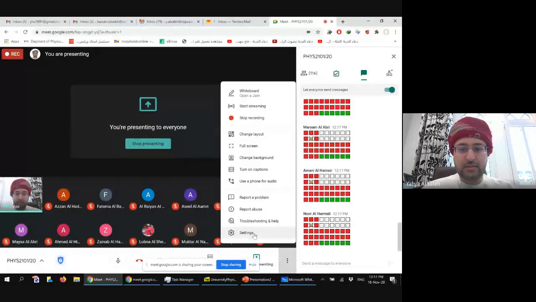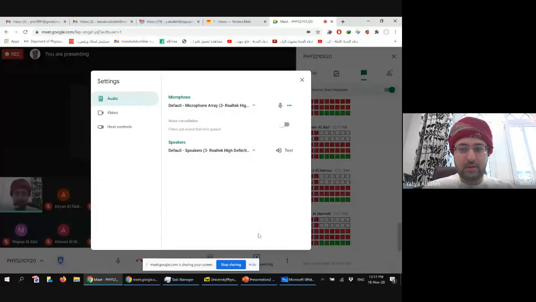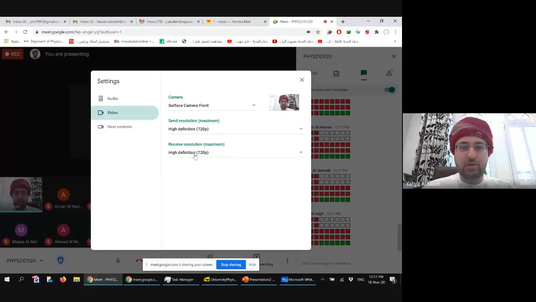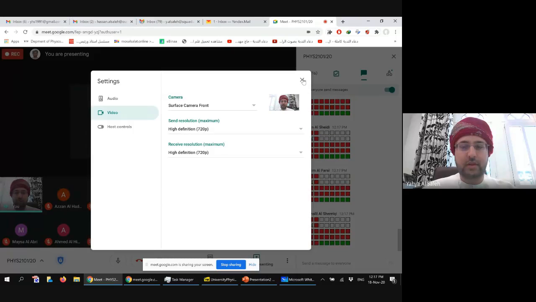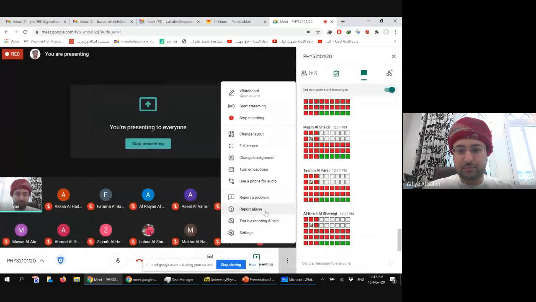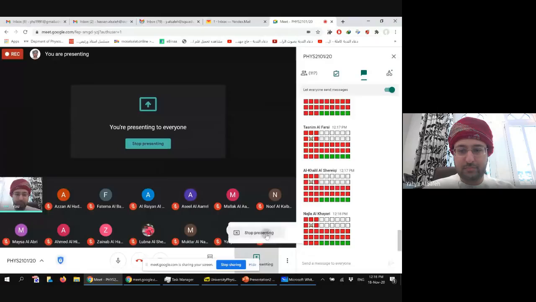Click on settings. And go to video. And in receive resolution, click on standard definition 360p, one video at a time. What that will do is it will reduce the load on your computer in receiving my video and put more emphasis on the audio. Okay.